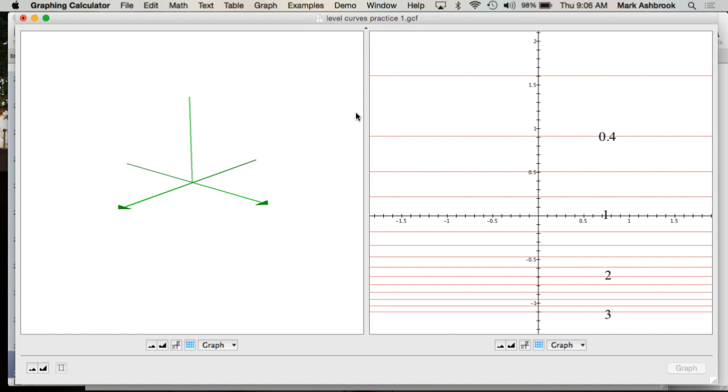This particular level curve is showing a constant z value of 2. The bottom one here, a constant z value of 3. Along the x-axis, a constant z value of 1. And here at whatever this y value is, you have a constant z value of 0.4. So could you sketch this surface just as a warm-up?